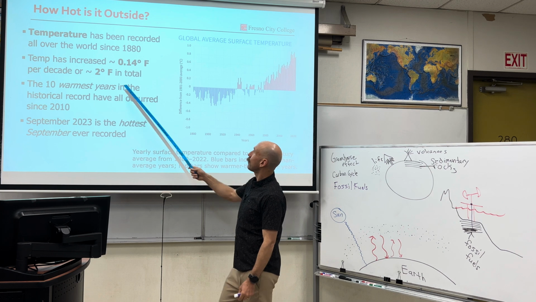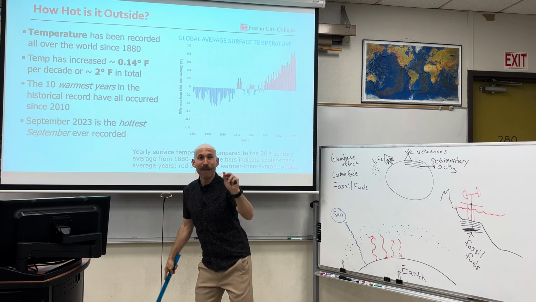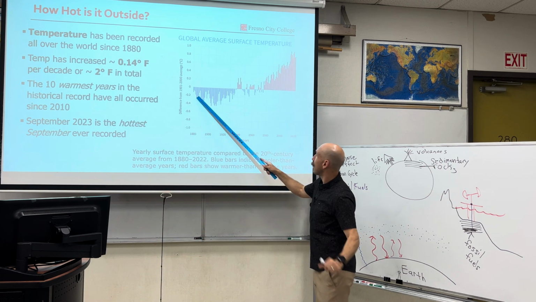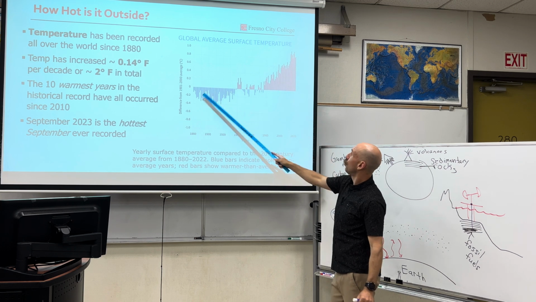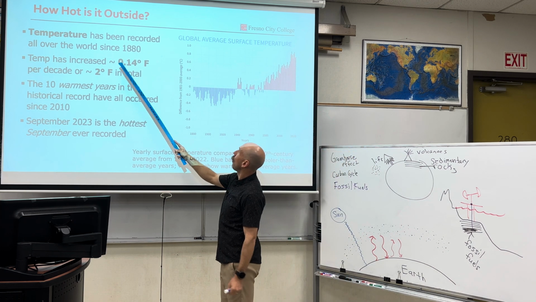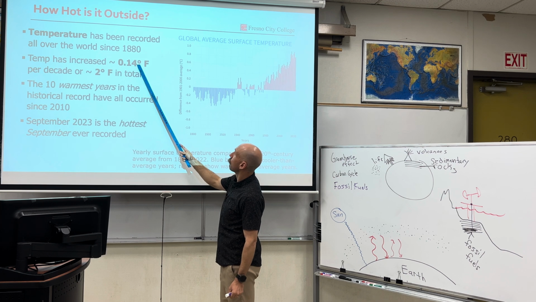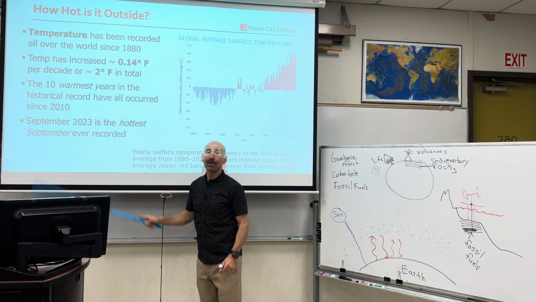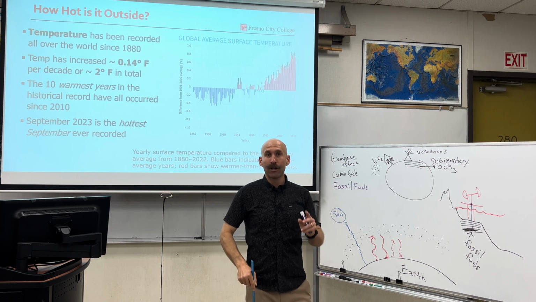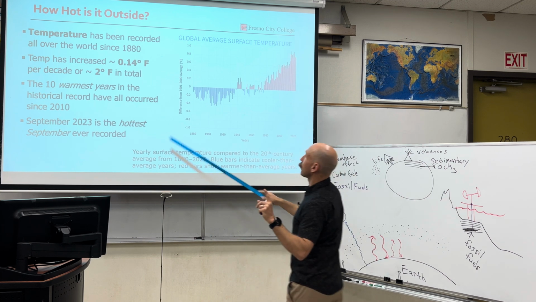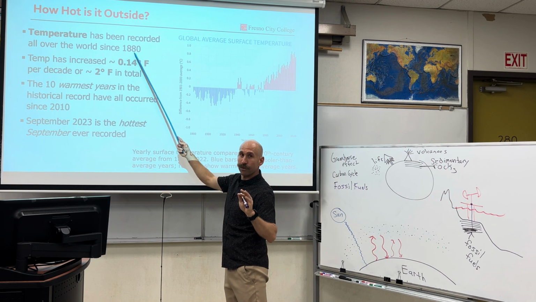What we have directly measured is a trend from cooler to warmer, about 0.14 degrees Fahrenheit per decade, about 2 degrees Fahrenheit in total. This overlaps with around the dawn of the Industrial Revolution.